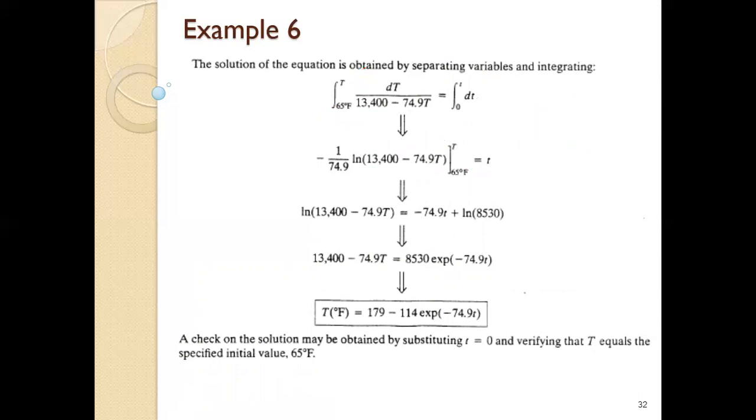And then you get the general equation. From this case, you can express T as a function of time, or time as a function of temperature. But in this case we will express temperature as a function of time.